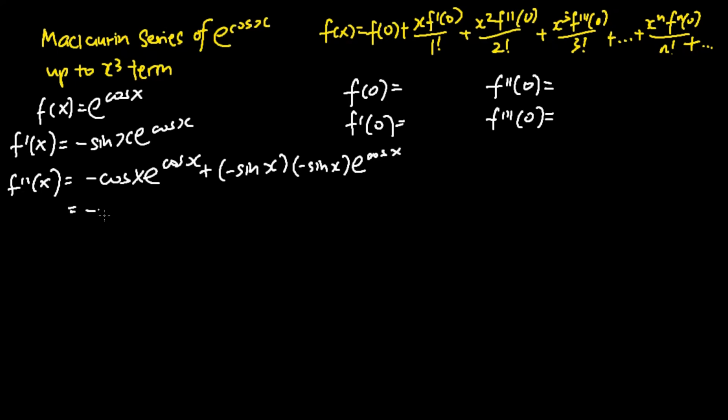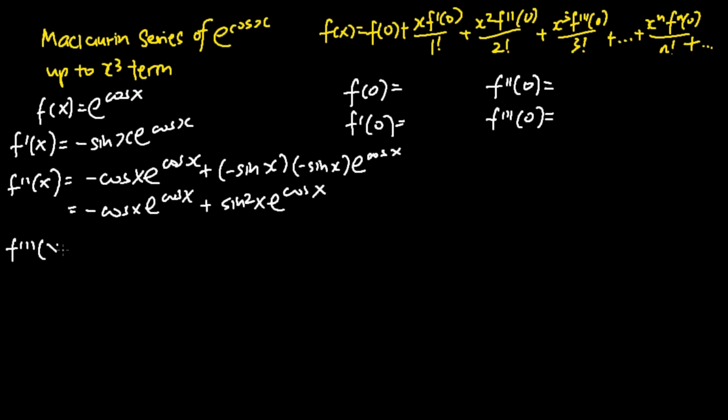Then we simplify the whole equation, we will get the negative of cosine x e to the power of cosine x plus sine square x e to the power of cosine x.